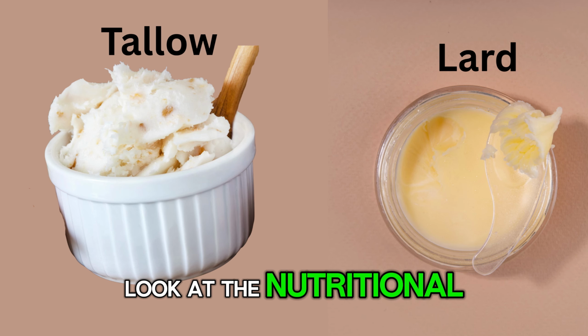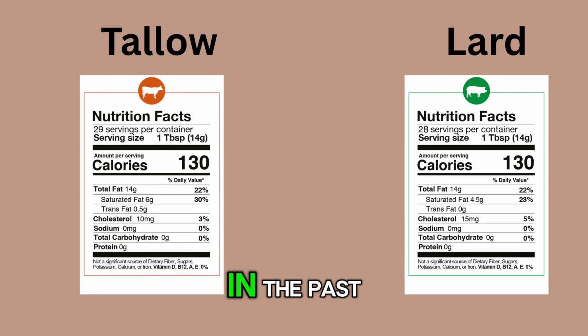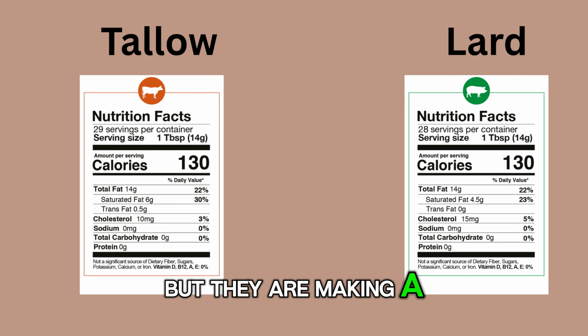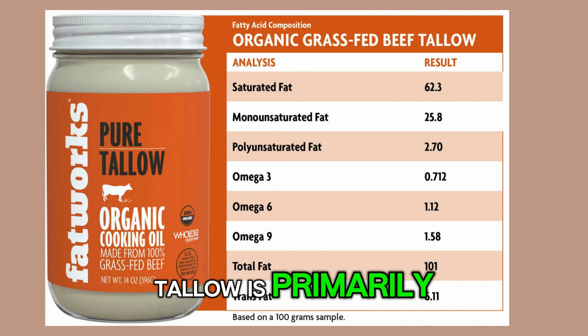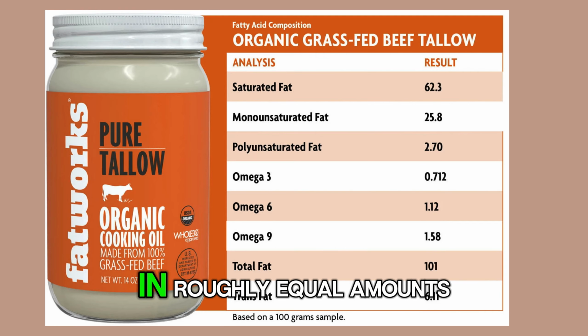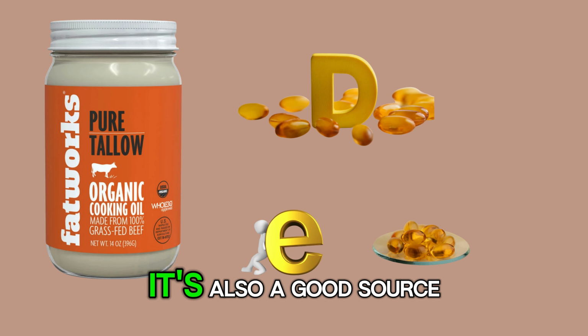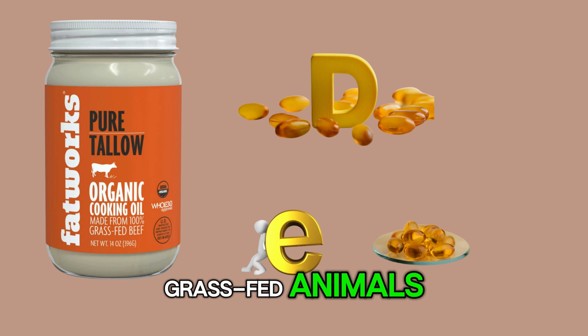Now, let's look at the nutritional side of things. Both tallow and lard have gotten a bad rap in the past, but they are making a comeback as people return to more traditional ways of eating. Tallow is primarily composed of saturated and monounsaturated fats in roughly equal amounts. It's also a good source of fat-soluble vitamins, D and E, especially if it comes from grass-fed animals.